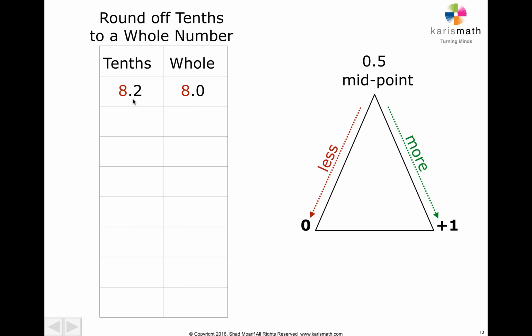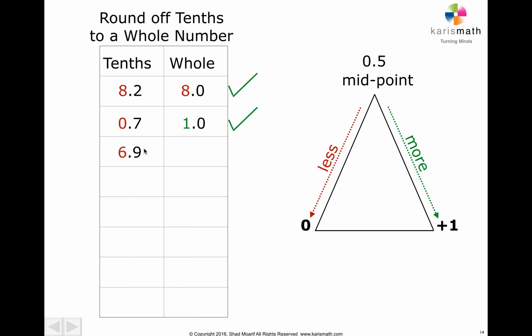So the whole number it rolls towards is 8. What about 0.7? Will it be on this side or on this slope? 0.7 is more than 0.5, so it'll be on this side. So it'll roll towards 1. So 0.7 will roll towards 1. This is 0, so it becomes 1.